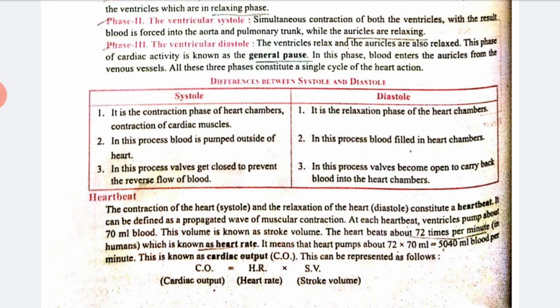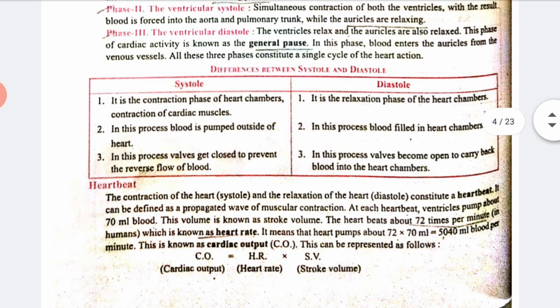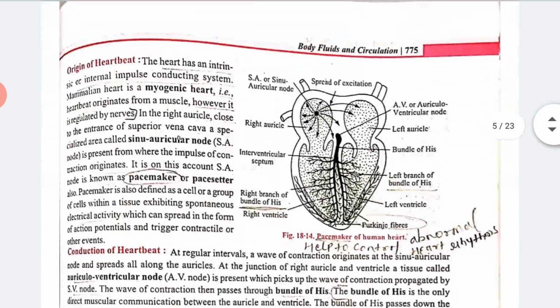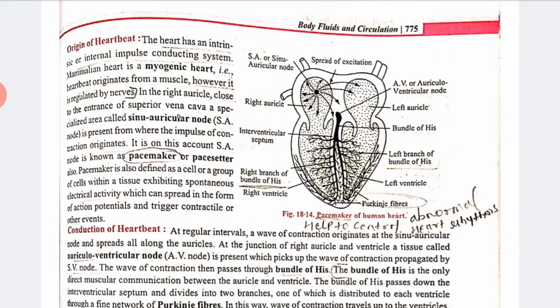It means the heart pumps about 72 multiplied by 70 milliliters, that is 5040 milliliters of blood per minute. This is known as the cardiac output, CO. You can see how we represent it: cardiac output equals heart rate multiplied by stroke volume.